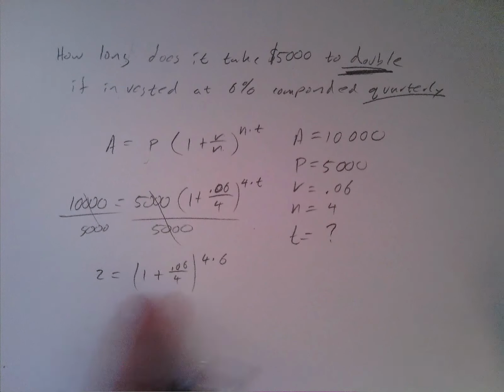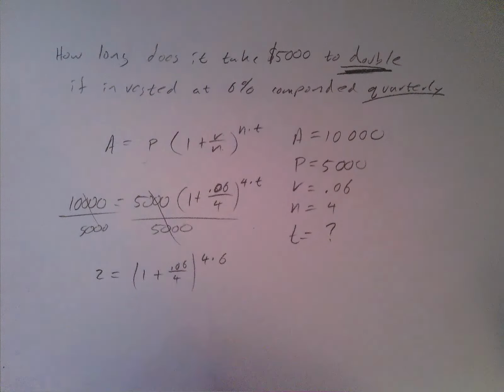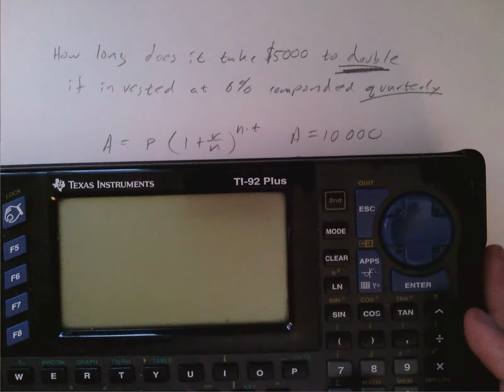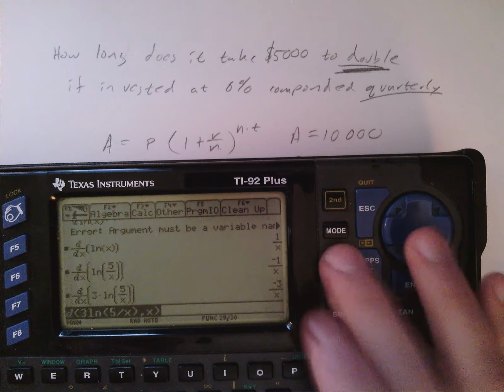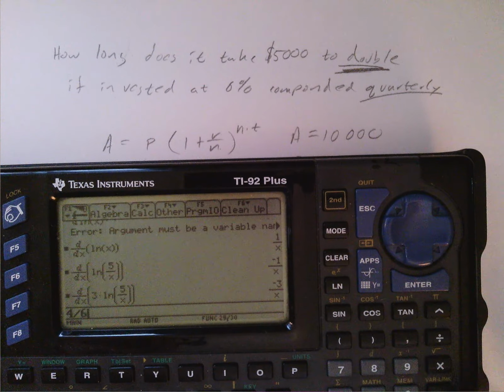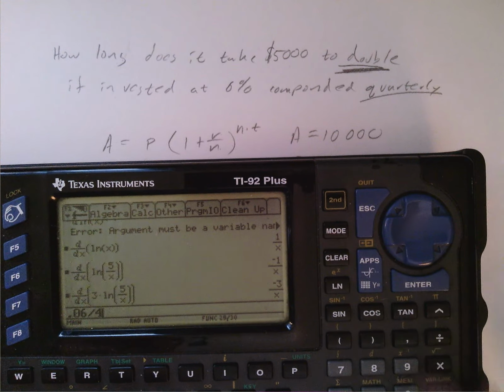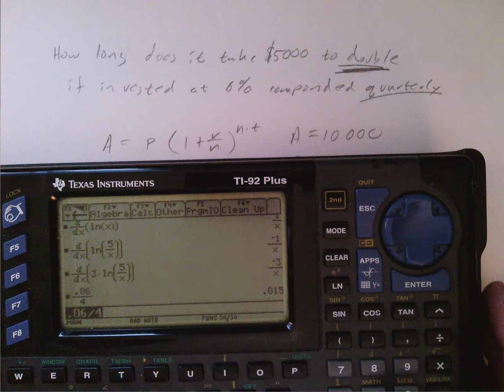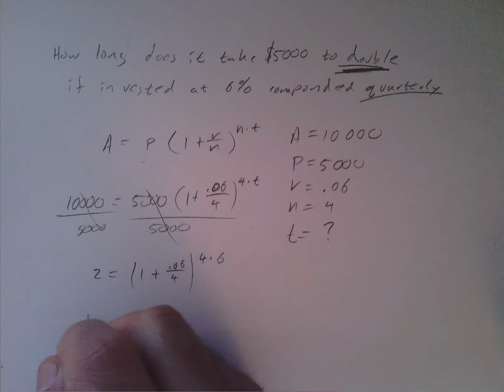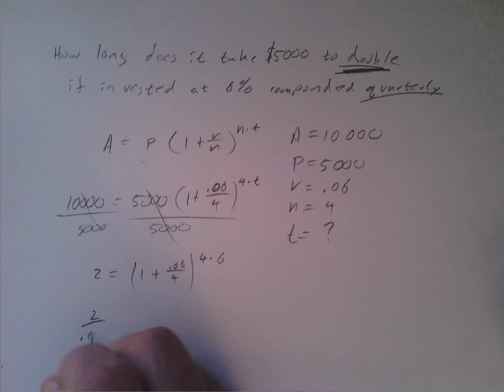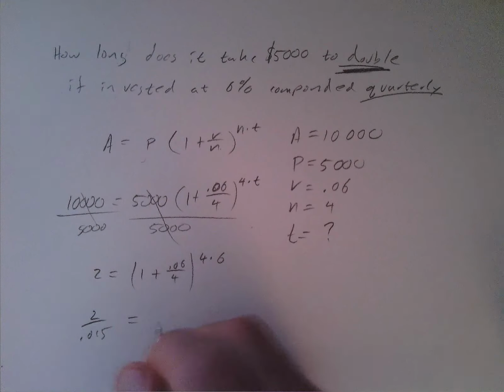Alright, so I'm going to work this out real quick. I'm using a calculator so don't make a mistake here. 0.06 divided by 4 gives us 0.015.